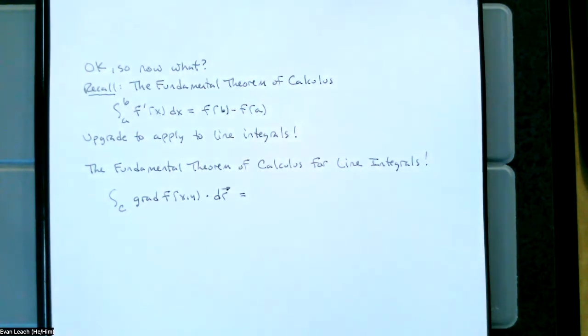So I'm writing my generic line integral, the integral over C of the gradient of f. So remember, the gradient of f is a vector field. So it makes sense to write dot dr, the same line integral that we've been working with.